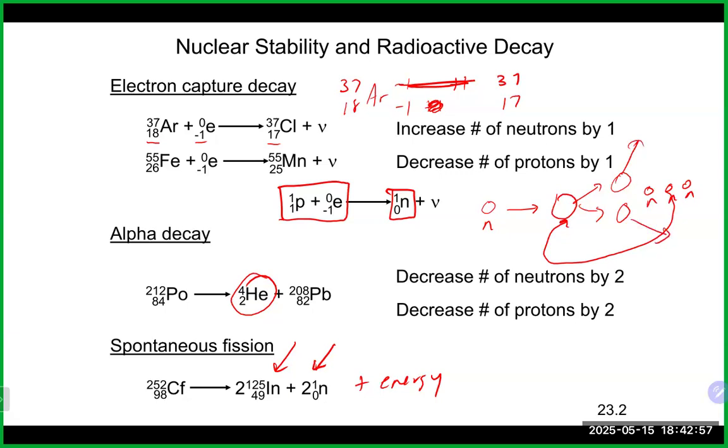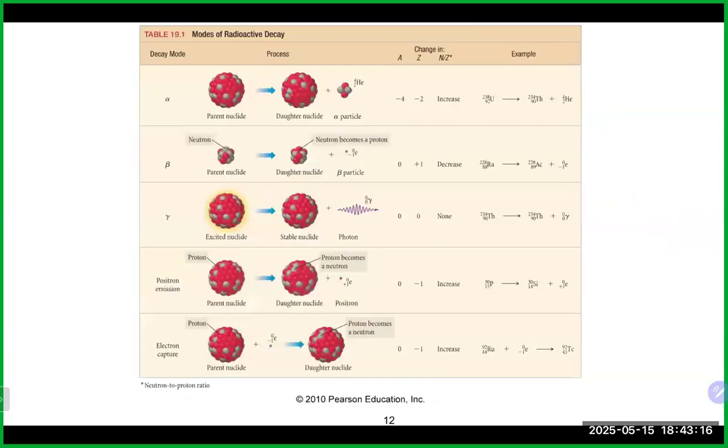And every time it does this process, it releases an enormous amount of energy, not to mention all the byproducts that are quite radioactive along the way, which is not good for a long period of time as well. So that's the idea behind that. And we'll talk about that a little bit later on in this chapter and how they keep things under control. So hopefully that doesn't happen in a nuclear power plant, obviously.